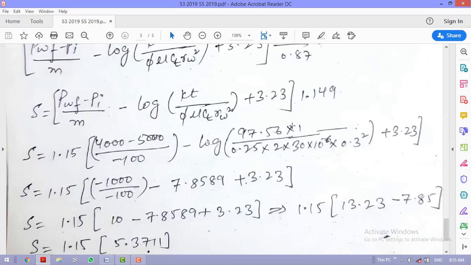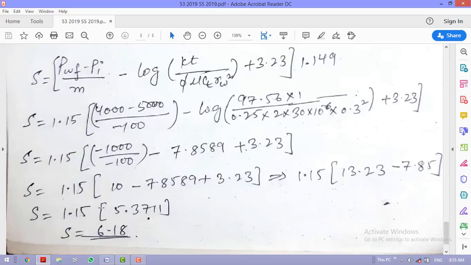So K is 97.6, time is 1 hour, divided by porosity 25% into viscosity 2 centipoise, total compressibility 13 times 10 to the power minus 6 psi inverse, RW as 0.3, plus 3.23. Further simplifying, I got the final answer S equals 6.18. That is my skin factor.